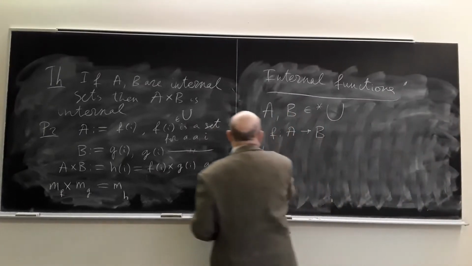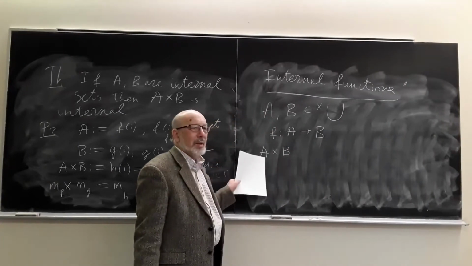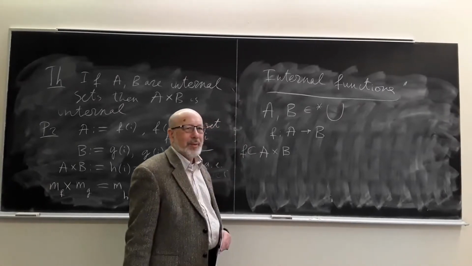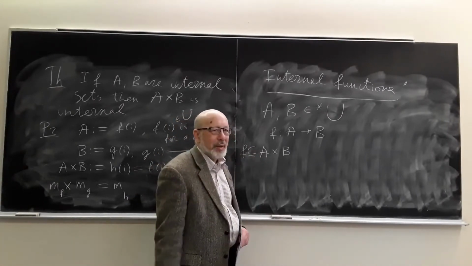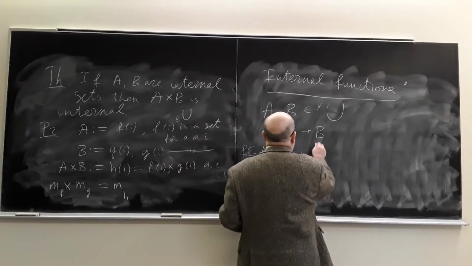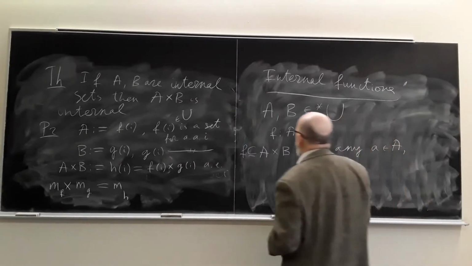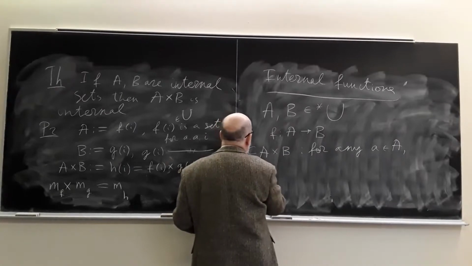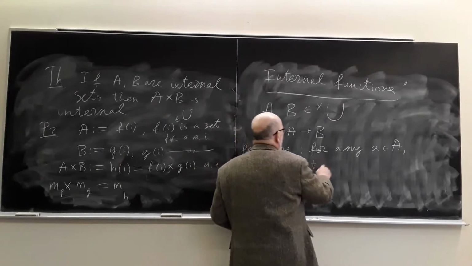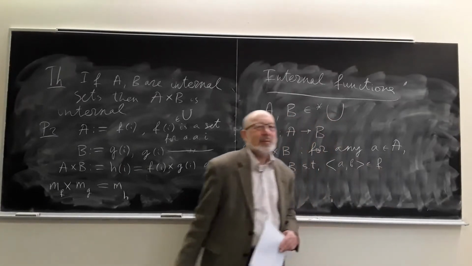We have to consider A cross B, and F is a subset of A cross B, such that for any a in A, there exists a unique b in B such that the pair (a, b) belongs to F. This is the definition.